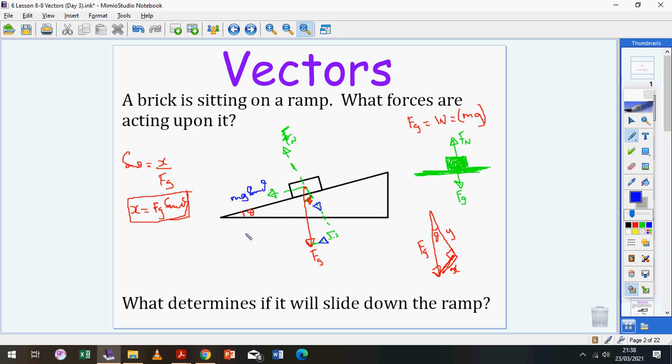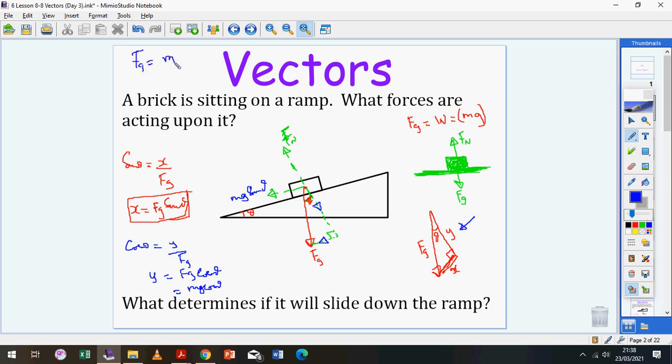The other interesting thing is, if I do cosine theta from this triangle, I'll have cosine theta is equal to y over Fg, and y will be equal to Fg cosine theta. Fg cosine theta is mg cosine theta. If I didn't specify that, Fg, the force of gravity acting on an object, is the mass of the object times the acceleration due to gravity.